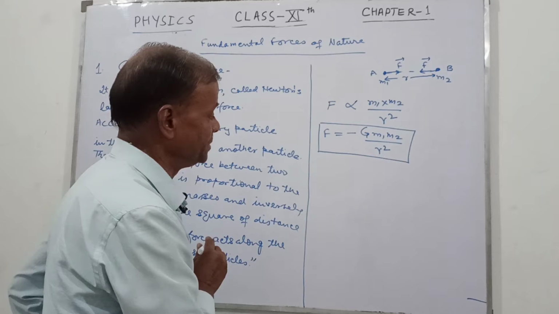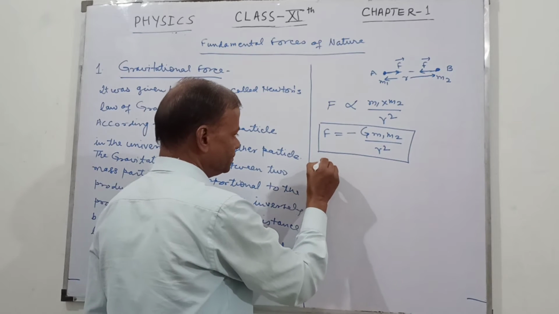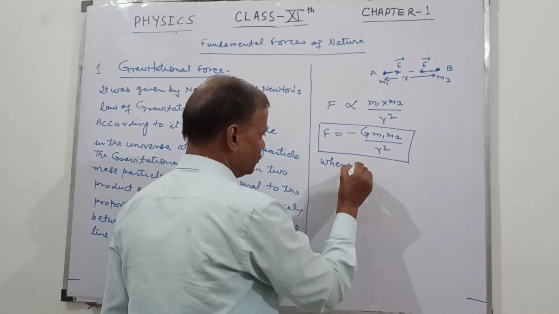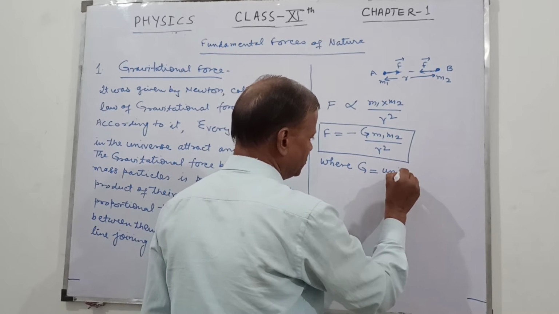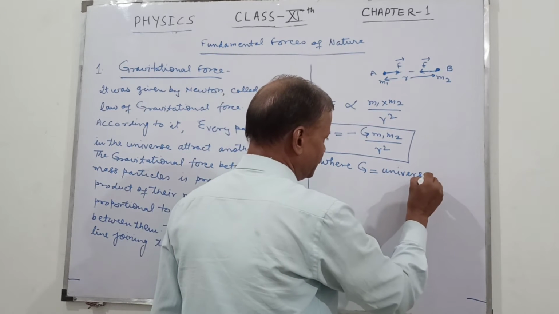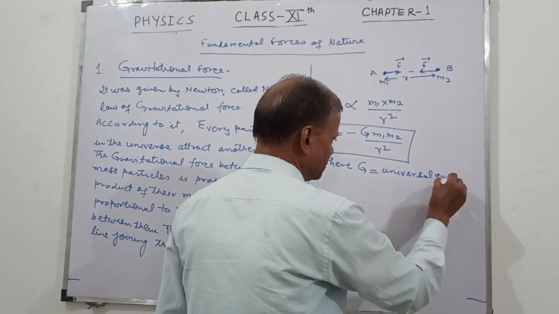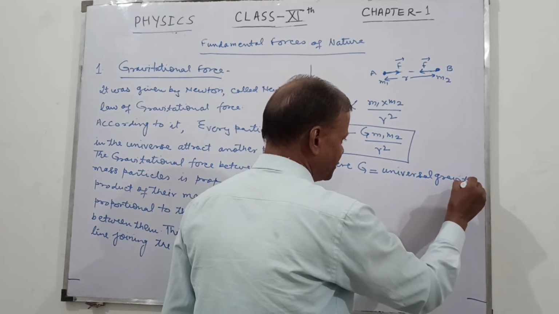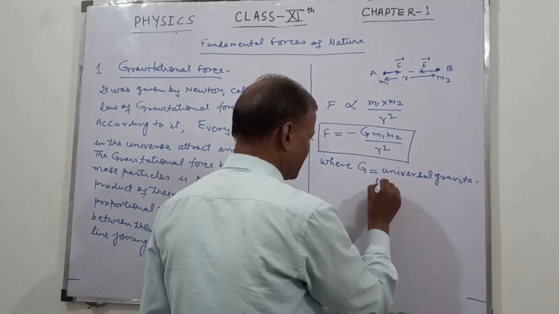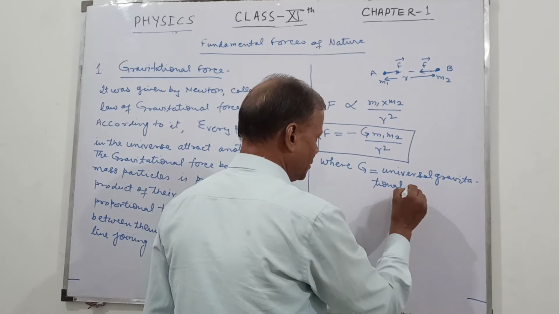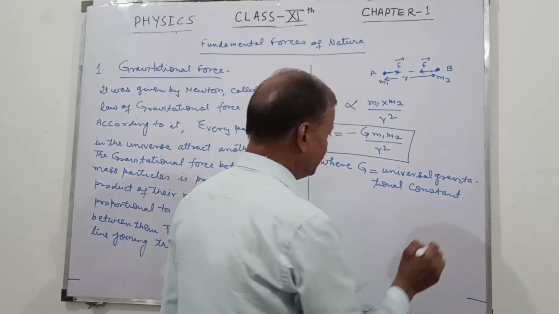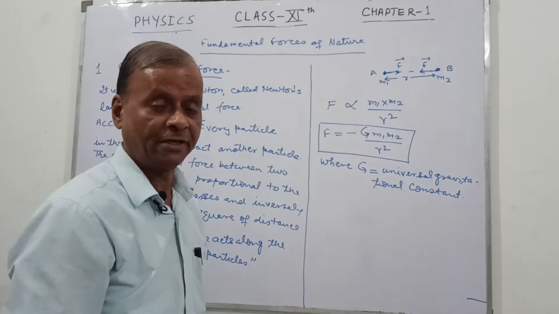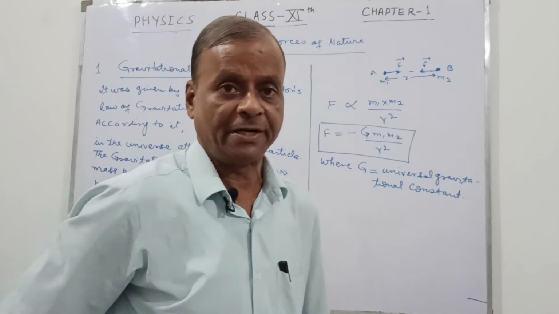Here G is the gravitational constant, where G equals the universal gravitational constant. The value of G does not depend upon the distance or the masses of the particles.